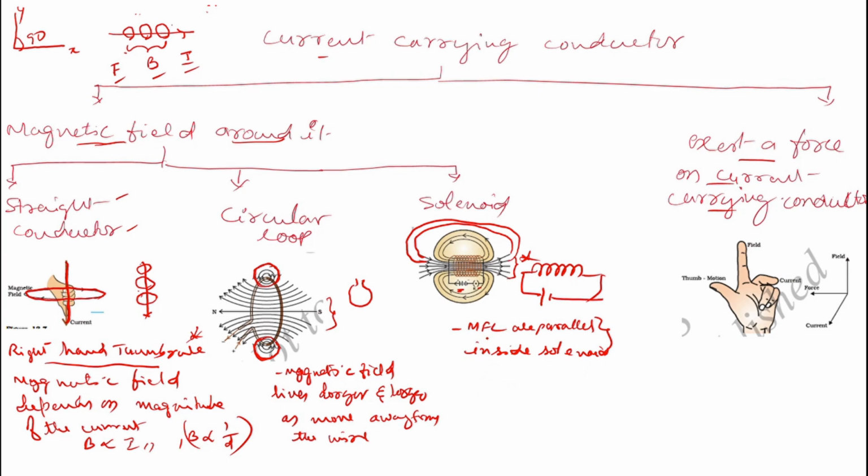MFL means magnetic field lines. The magnetic field is the same at all points inside the solenoid.